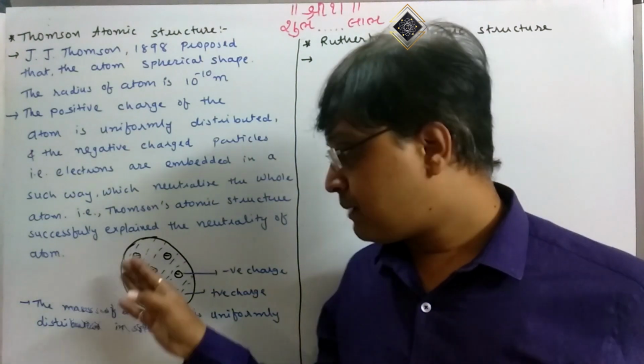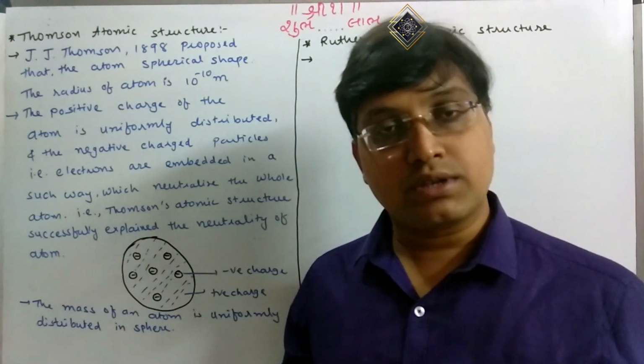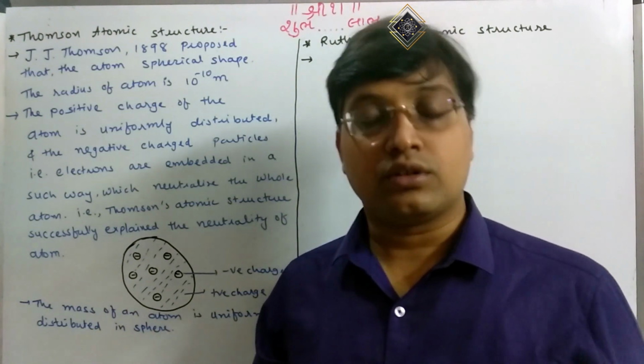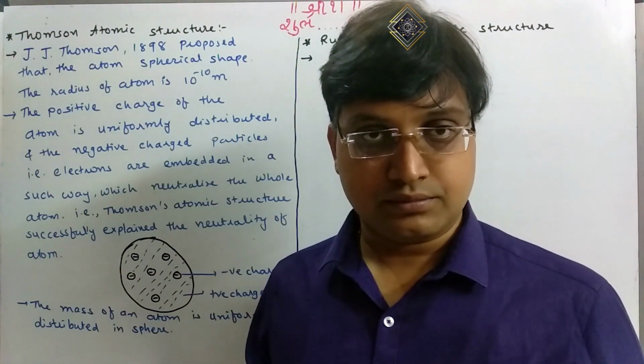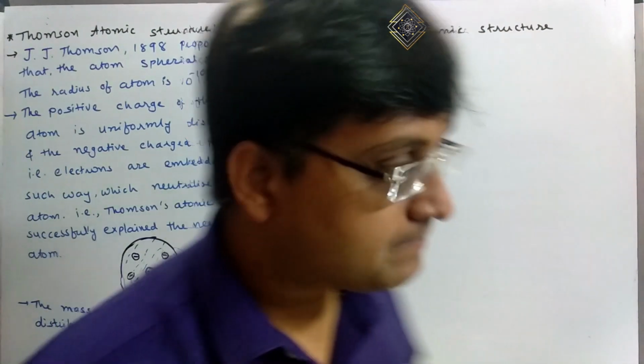The rays should not pass through the atom. But the observation is quite opposite to the structure represented by J.J. Thomson. Clear? Let's write down the theory.